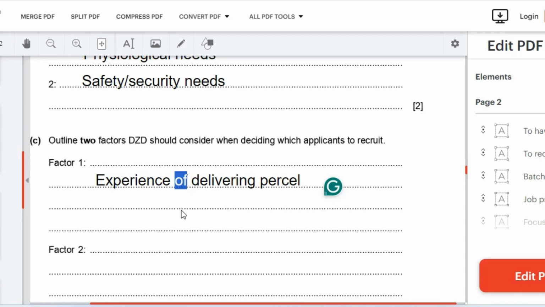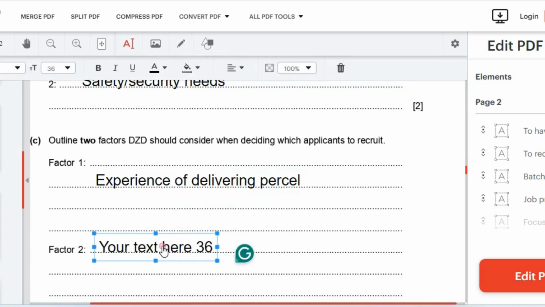And the second thing to consider when recruiting is also the qualification or relevant example, whether they have a driving license to drive the 20 vehicles they are about to introduce. Let us try to put the text, and you make sure you put the application of the summary in order for you to get your full mark.